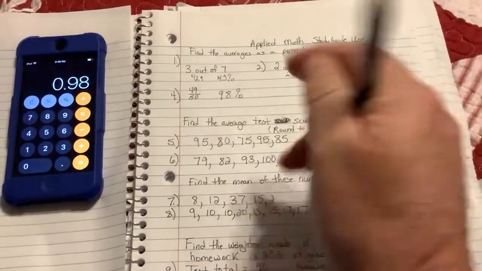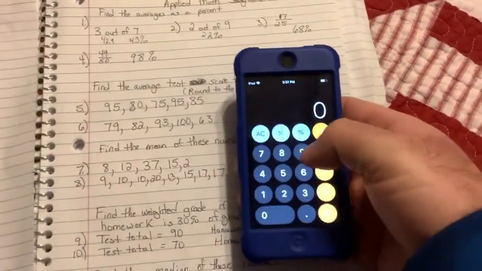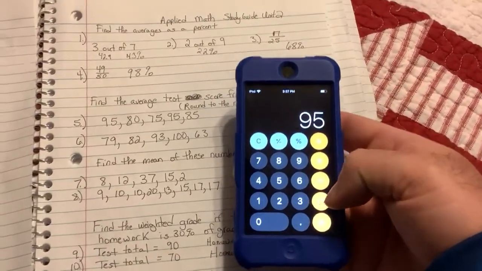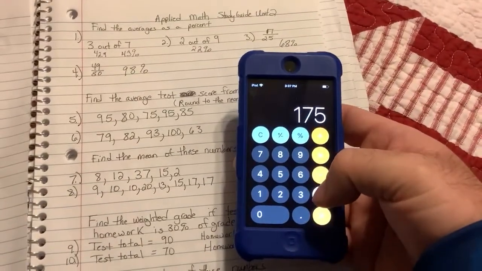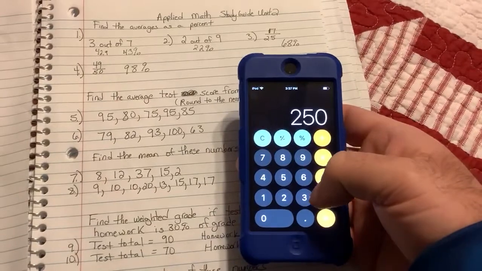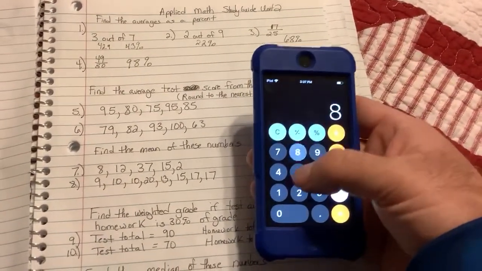Okay, so if you take this here, so I'm just going to move this over here so I use my right hand here. 95 plus 80 plus 75 plus 95 plus 85.